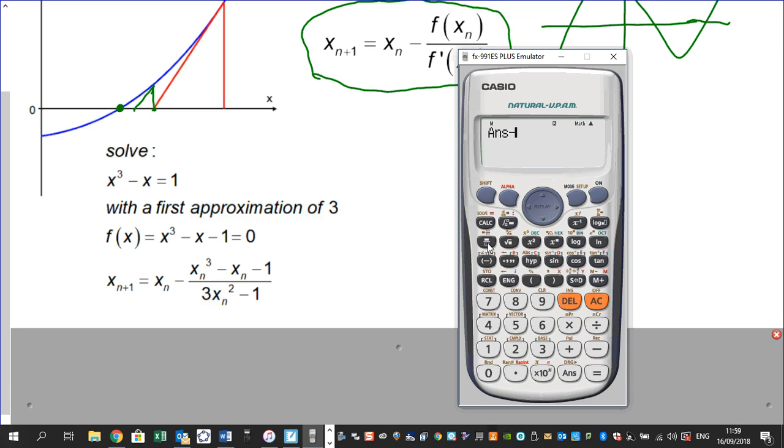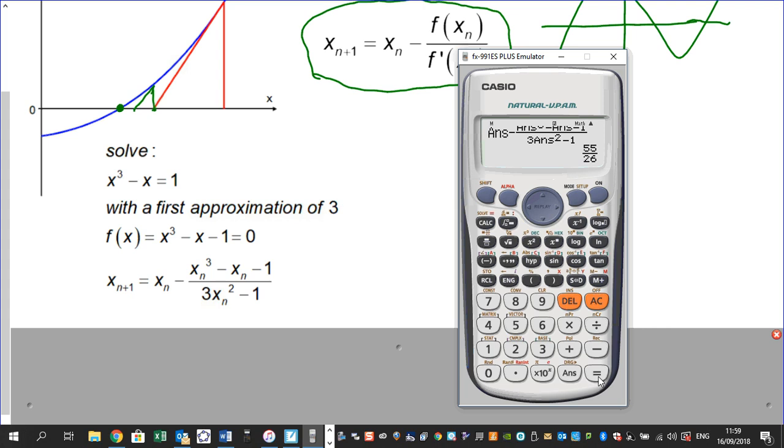Answer minus fraction, Answer cubed minus Answer, minus 1, over 3 lots of Answer squared, minus 1.